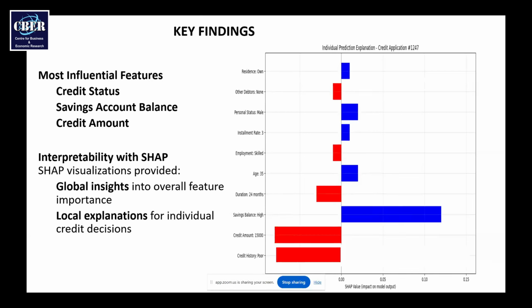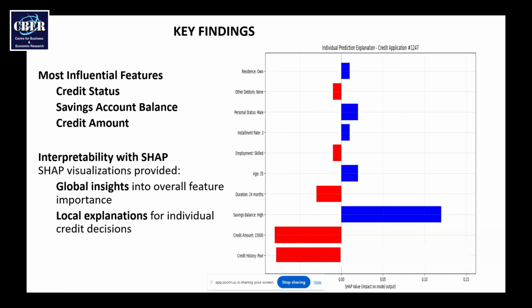It pushes it to the denial side, meaning this credit amount is too high and it's kind of risky. So this loan might be rejected. And let's look at another red bar, the credit history. If the credit history is poor, definitely it pushes it towards the red, meaning there is a tendency that this loan will be denied.